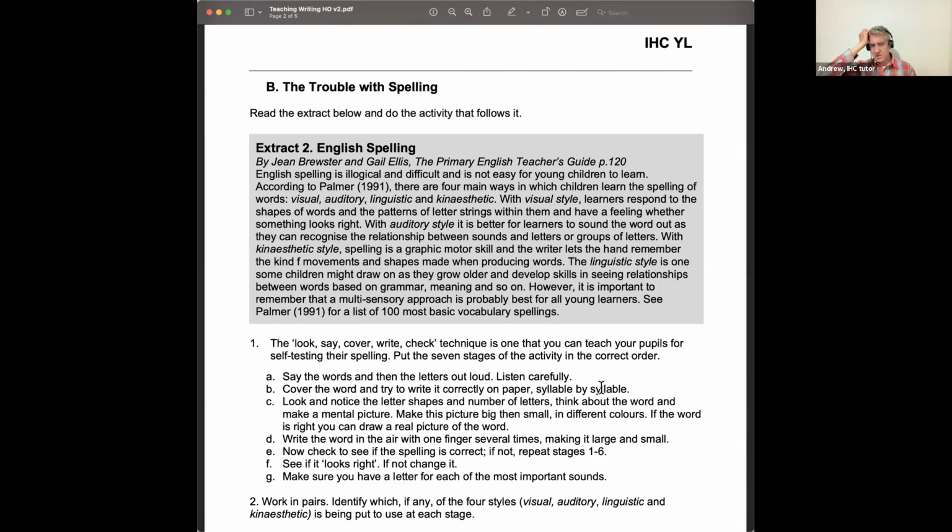I'd like you to try to put the 7 stages of the activity in the correct order. When you're done, I'll give you a few minutes to think about this. When you're done, put your answers, please, into the chat. Which makes sense? Which should go first?